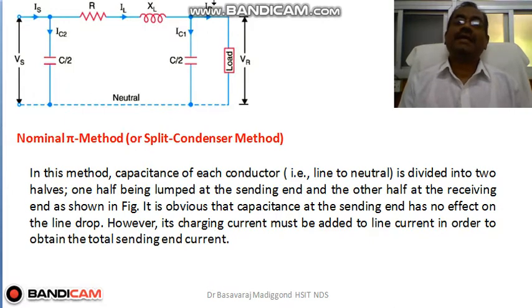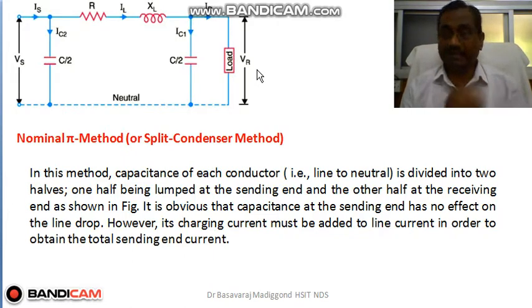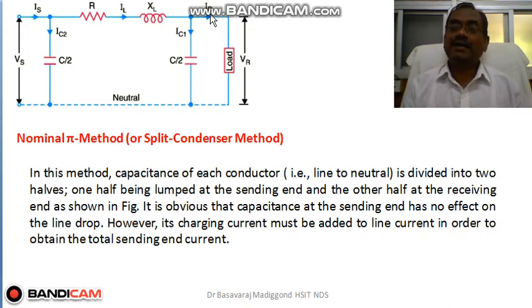Let us see that VR is the reference voltage, the receiving end voltage, which is taken as a reference to draw the vector diagram. IR is the receiving end current or load current. IC1 is the current flowing through the capacitor at the receiving end, and IC2 is the charging current through the capacitor connected across the sending end.